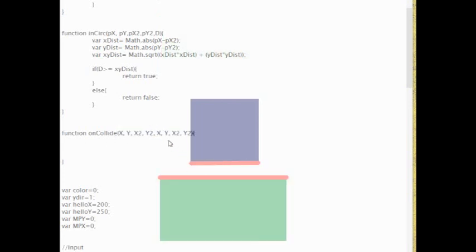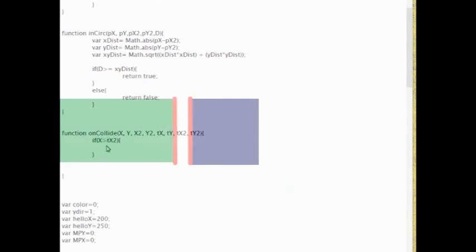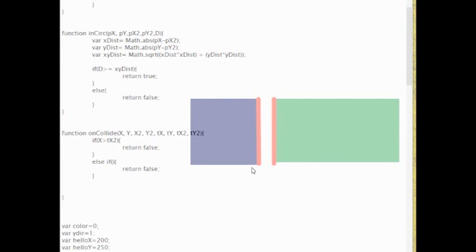If the top side of rectangle A is below the bottom side of rectangle B, the rectangles cannot collide. If the right side of rectangle A is to the left of the left side of rectangle B, the rectangles cannot collide. If the left side of rectangle A is to the right of the right side of rectangle B, the rectangles cannot collide. If all four of these tests fail, then the two rectangles are colliding.